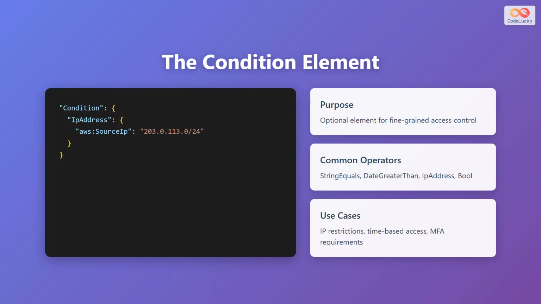In this example, we're using the IpAddress operator to restrict access to requests coming from a specific IP address range, and a Bool operator to require multi-factor authentication. Conditions are essential when you need to implement advanced security controls like restricting access based on time of day, source IP address, or whether MFA is enabled.